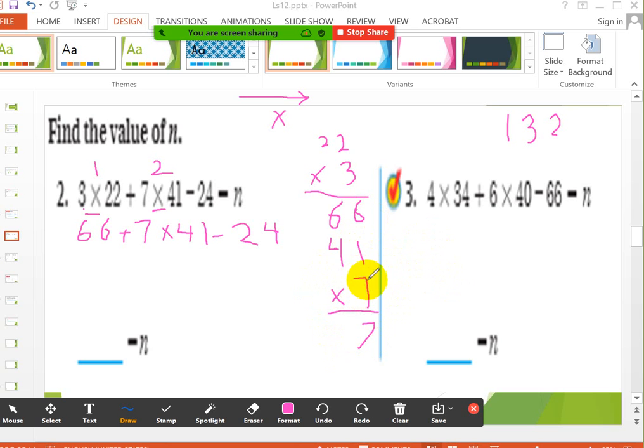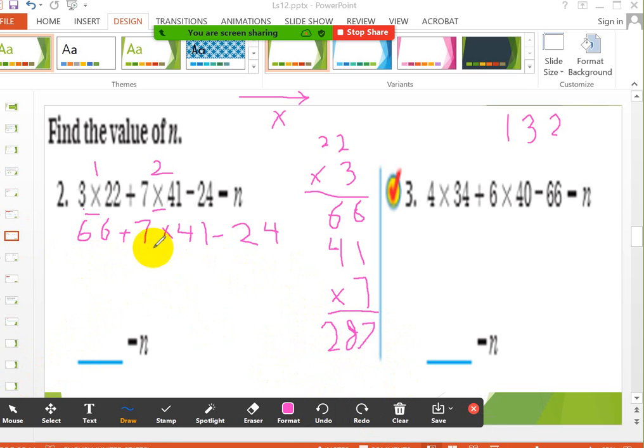Now, I will multiply 7 with 4. 7 multiplied by 4 equals, no, not 42. 7 multiplied by 4 equals 28. I want the answer. Thank you, Duha. Thank you, Ghina. Thank you, Rinad and Kinda. So this is the answer for the second multiplication, 287.